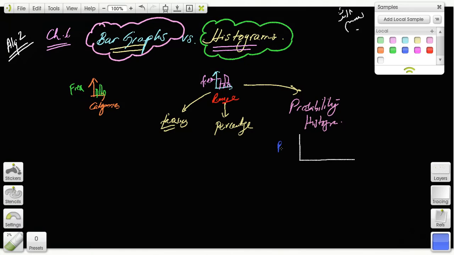On this side, we have the probability of a particular event, and here we have the particular event, listed as a range again. That's why it is a histogram. And we got something like this.